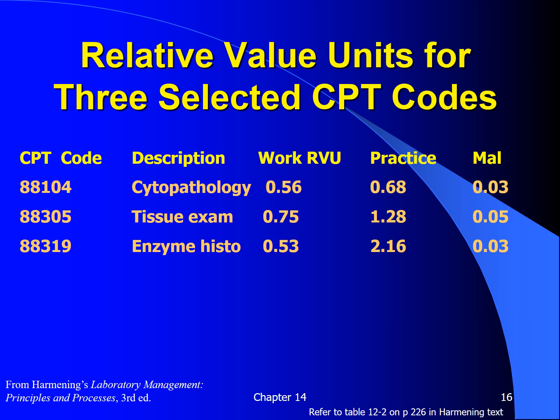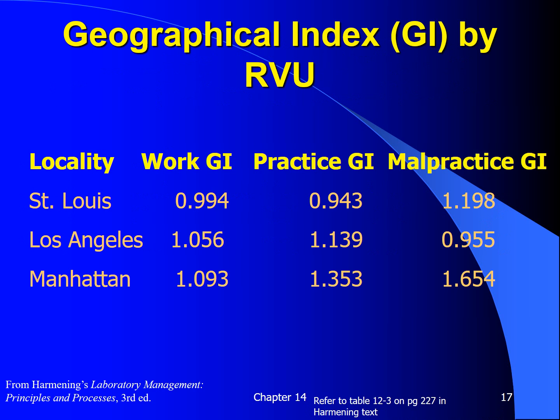Relative value units for three selected CPT codes for cytopathology, tissue exam, and enzyme histology. Geographical index by RVU.